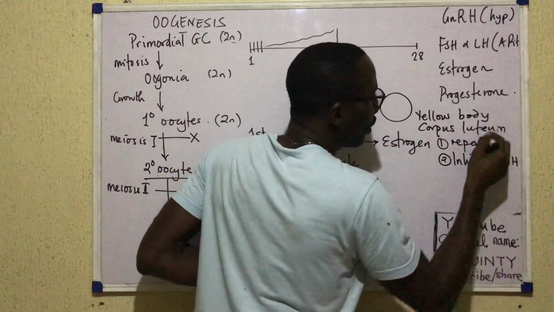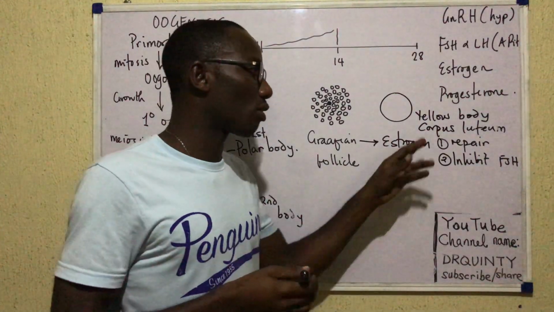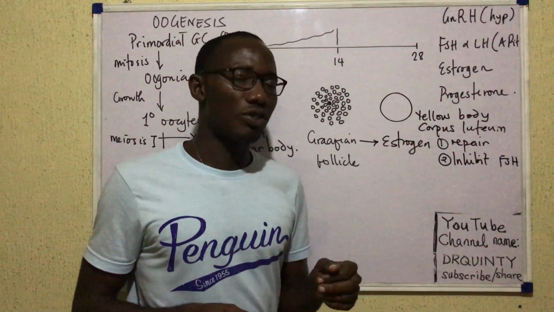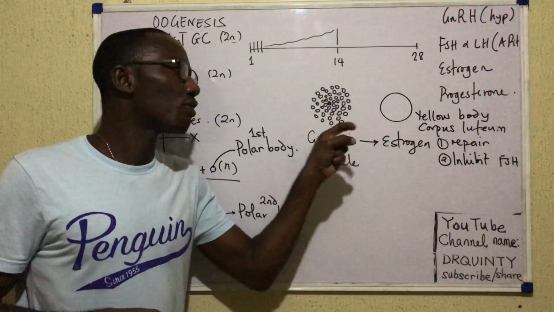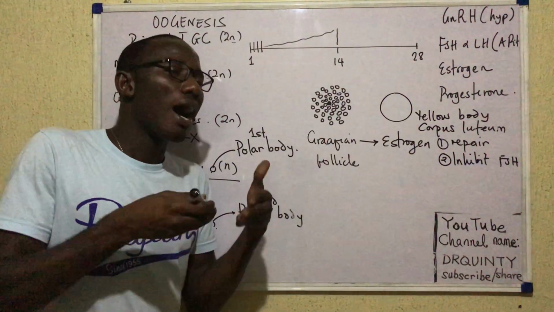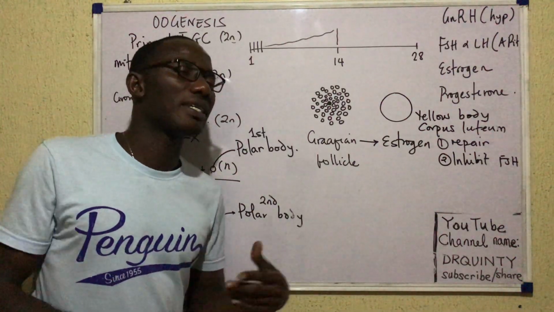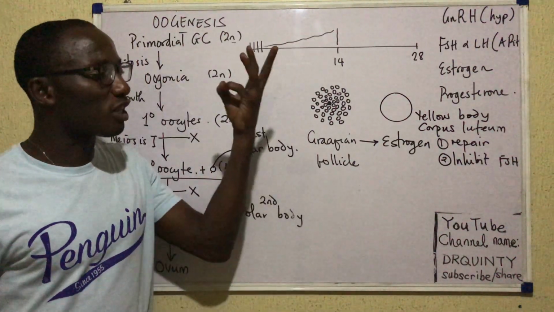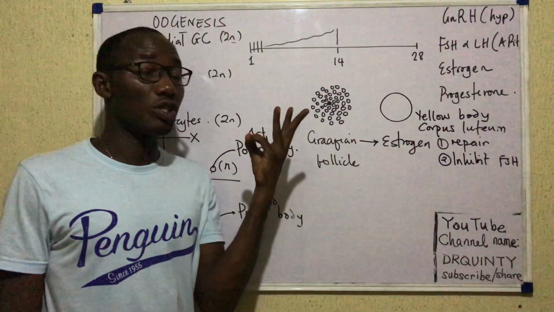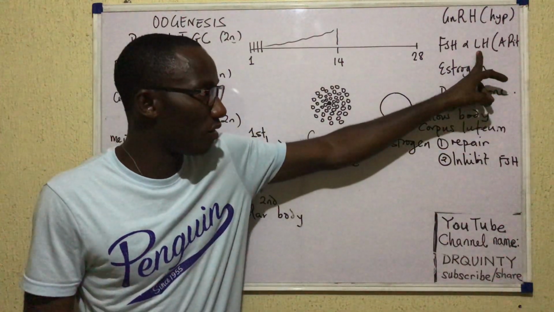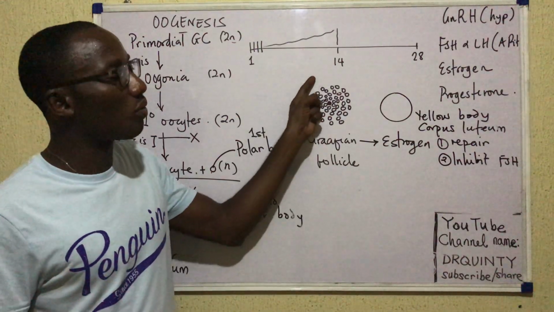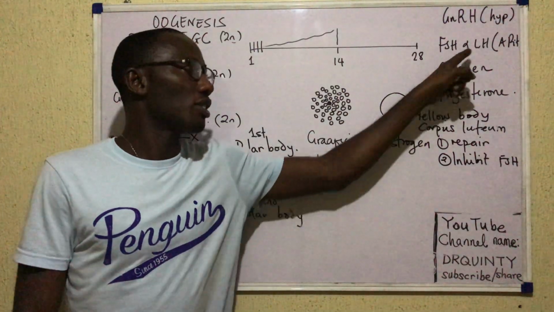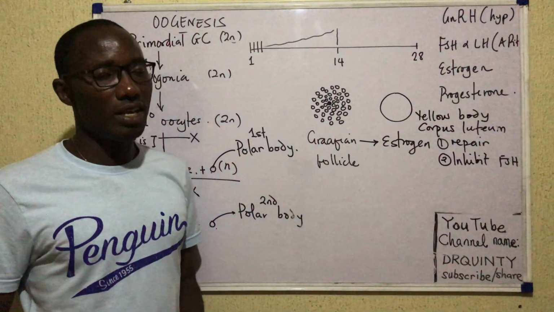Luteum is yellow and corpus is body. So the corpus luteum is formed from the Graafian follicle after the secondary oocyte has been expelled from it. So expulsion of the secondary oocyte, which is ovulation, is the work of LH, and the conversion of that Graafian follicle into a corpus luteum is also the function of LH.